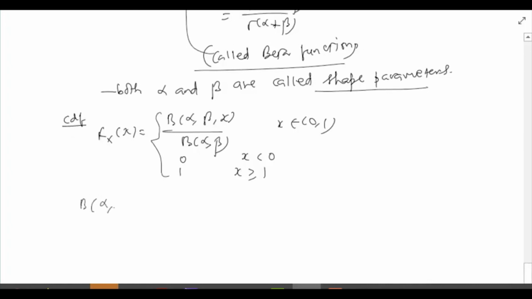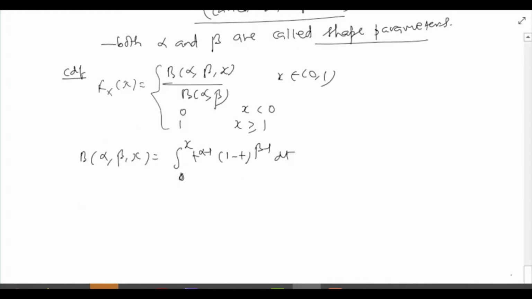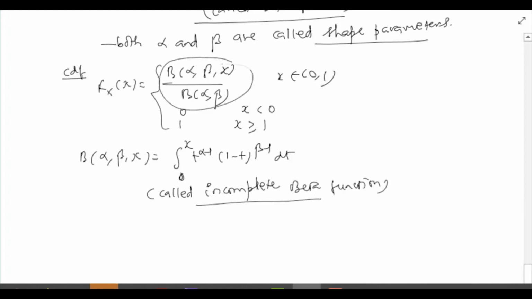Here the function B(alpha, beta, x) is given by the integral from 0 to x of t raised to alpha minus 1, 1 minus t raised to beta minus 1 dt, and this is called incomplete beta function. The expression of CDF for the values of x between 0 and 1, that is this expression, is itself called regularized incomplete beta function.